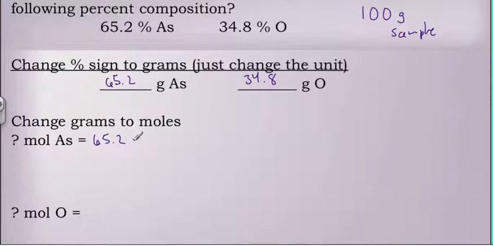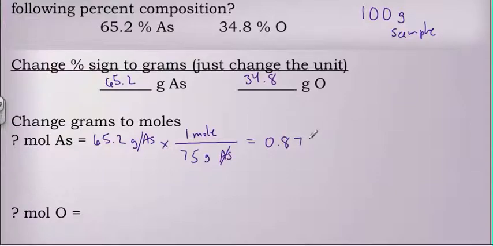Here I've got 65.2 grams. I'm going to divide by the molar mass, which is 75, with the mole on top. Grams cancel, and I get 0.870 moles of arsenic.